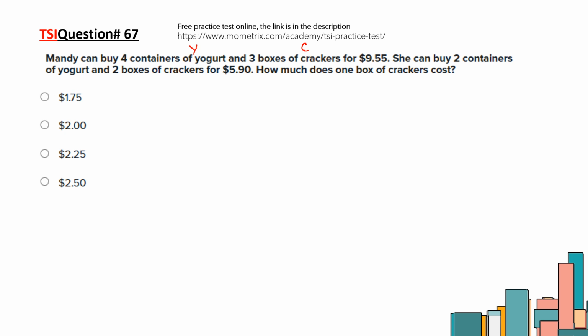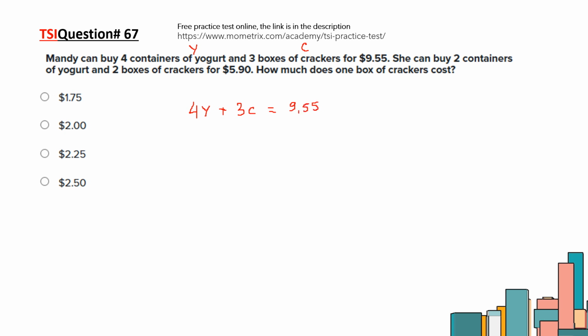If we have 4 containers of yogurt, we will have 4 times the price of 1 container of yogurt. Then we add 3 times C, the cost of 1 box of crackers. So 3 boxes will multiply by 3, and then we have to pay $9.55.